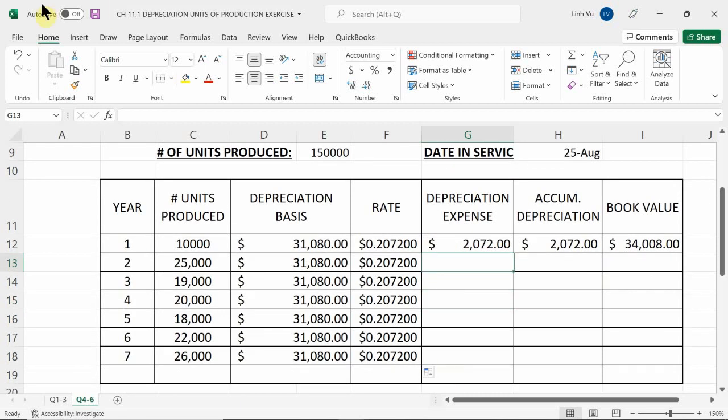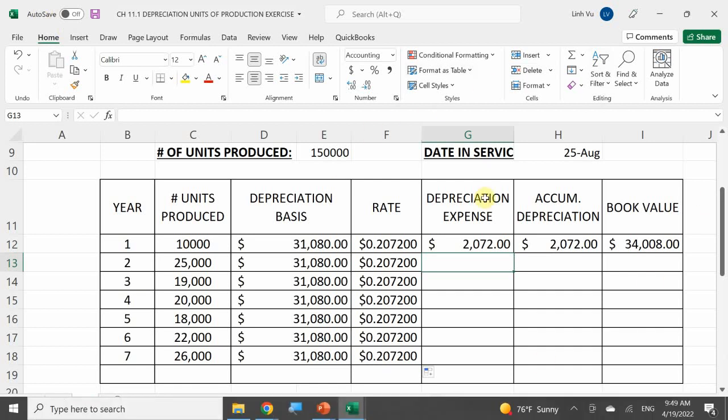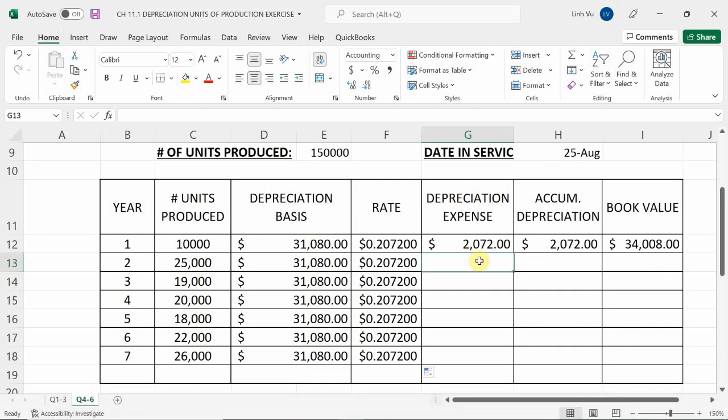So in this case, if I produce a total of 25,000 miles for the second year, then how much depreciation expense is it going to be for the second year? 5,180. Good. All right.